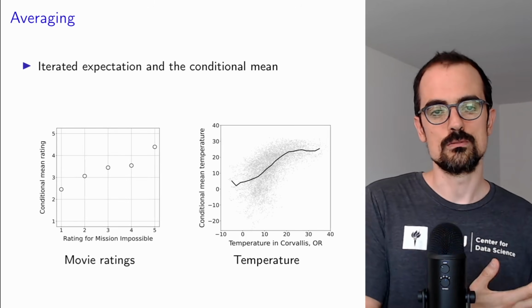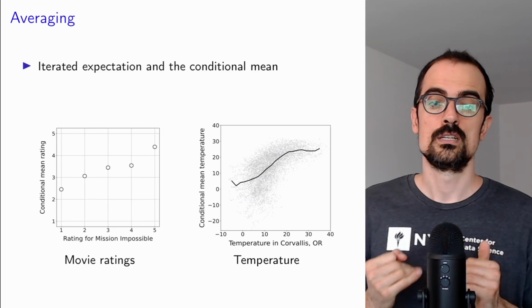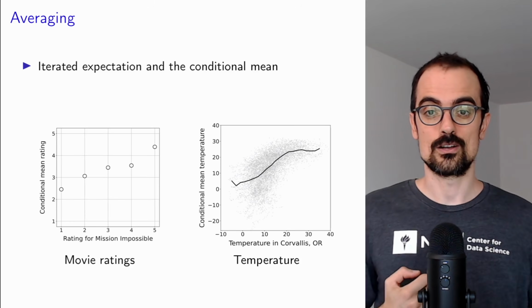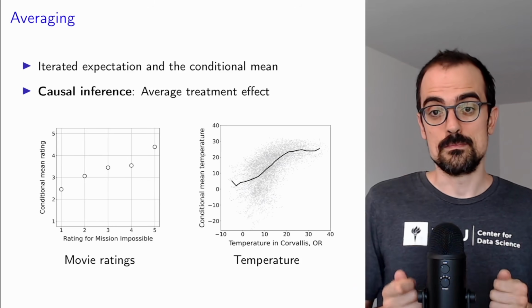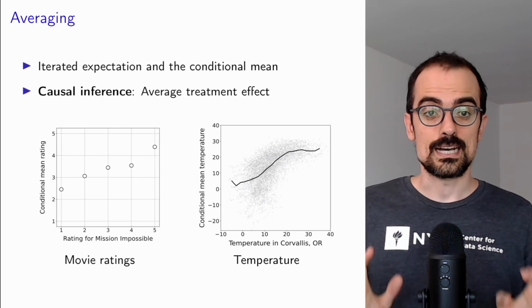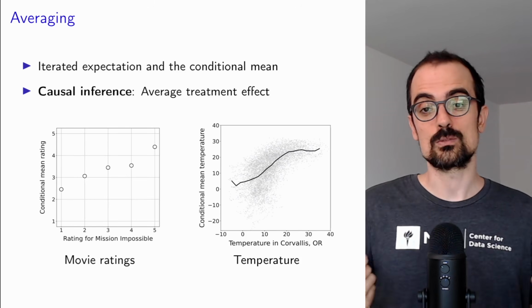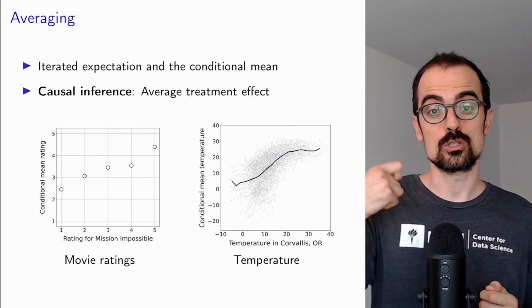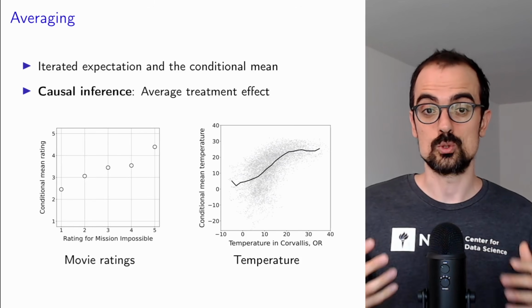Here's the conditional mean of the temperature at a certain location, conditioned on the temperature in Corvallis, Oregon. Here again, it's important to emphasize that conditional means, or equivalently the average treatment effect, which is computed using conditional means, does not reflect a true causal effect if there are confounders, and we have to learn how to adjust for them.